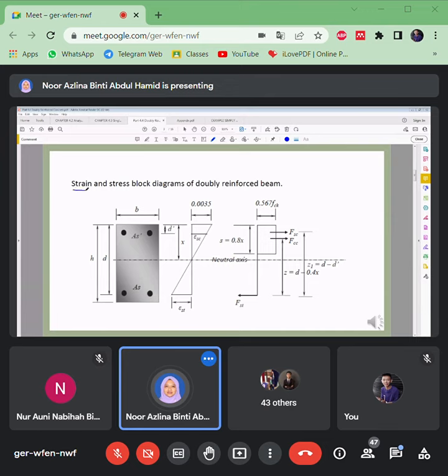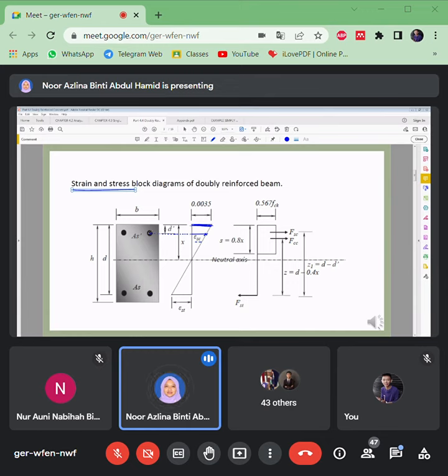Once you draw the stress and strain block diagram here, you just need to add another force for the compression reinforcement. So this is the strain for the concrete, 0.0035. There will be another level for strain of steel in compression, epsilon SC, which should be at the same level as the centroid of AS prime here.